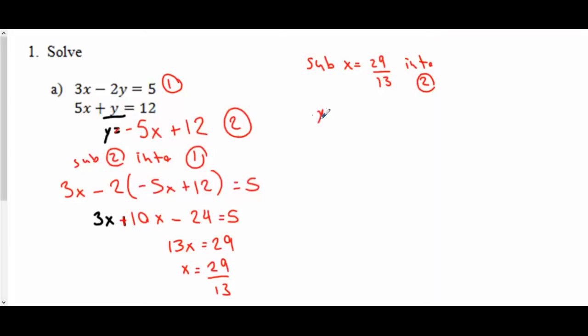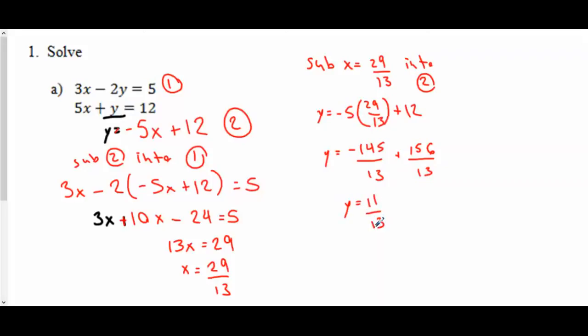Then, doing that, I'll have y equals negative 5 times 29 over 13 plus 12. Negative 145 over 13. I can use the simple work that I would normally do when I'm adding fractions here, try and make a common denominator. So multiplying 12 by 13 and then putting that over a denominator of 13, I end up with 156 over 13, which if I add that, I have 11 over 13.